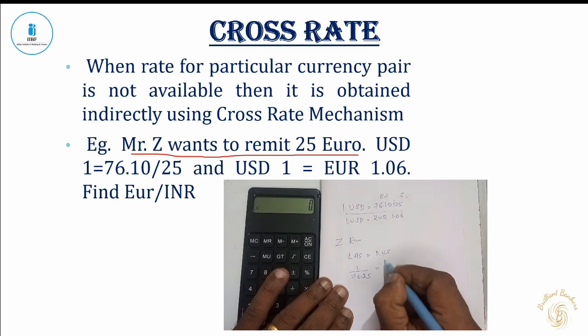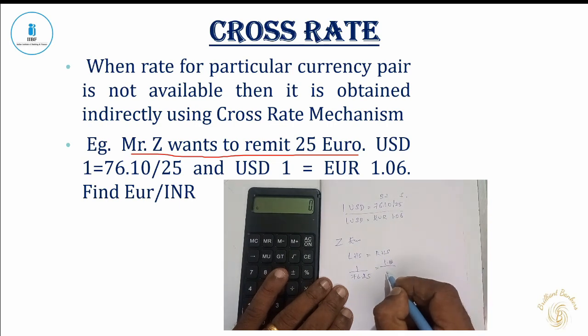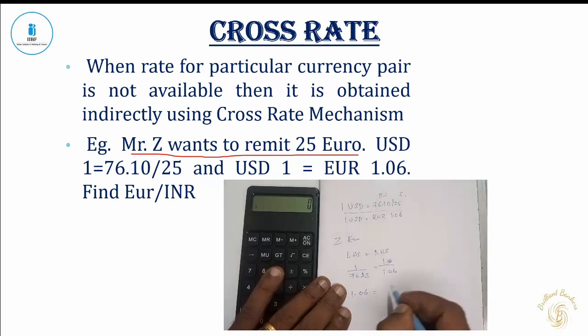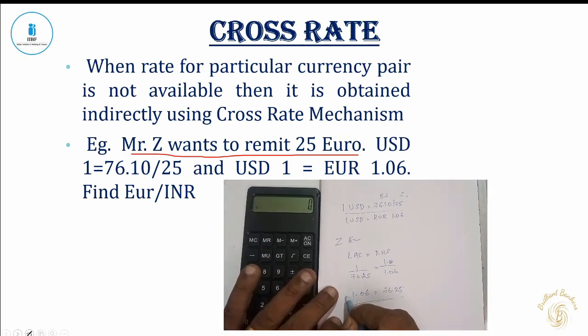That is 76.25 divided by 1.06. On calculating it, we arrive at 71.933. So this is the value of 1 euro in Indian rupees. This is how we calculate the cross rate mechanism.